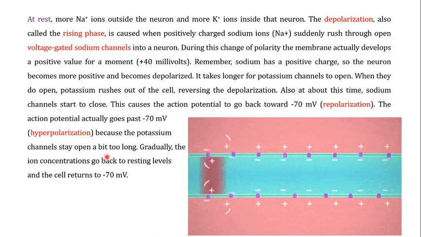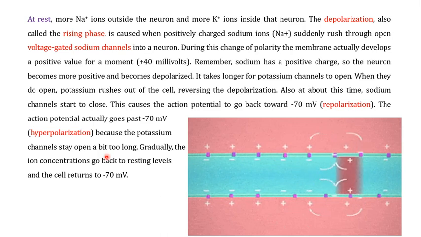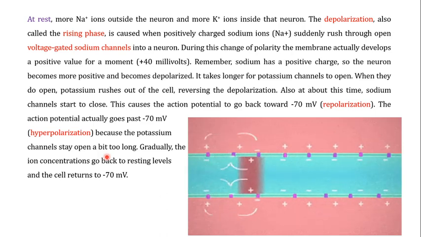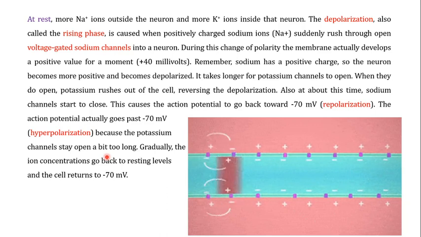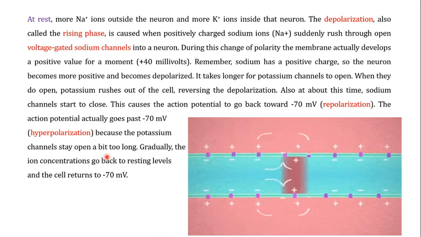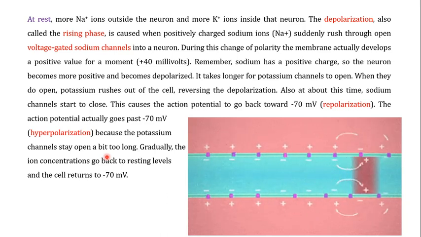In the end, when depolarization, repolarization and hyperpolarization have happened, the resting membrane potential of the neuron will be achieved again by what are known as the sodium-potassium pumps, and I'll come to that in a while.